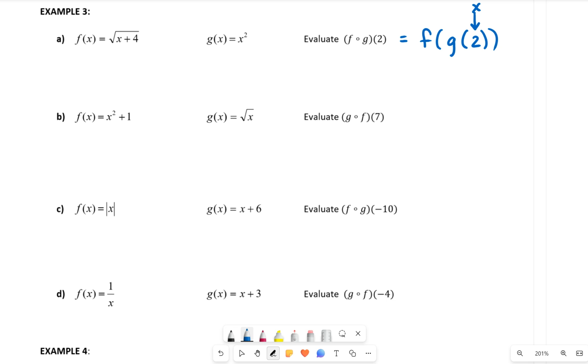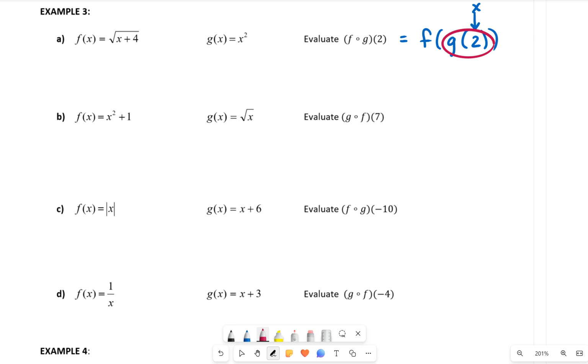The x this time is given, whereas in examples 1 and 2, we were not given what x was. You are still, mind you, going to start with the innermost value, and that says to substitute x with the number 2 in the g function.